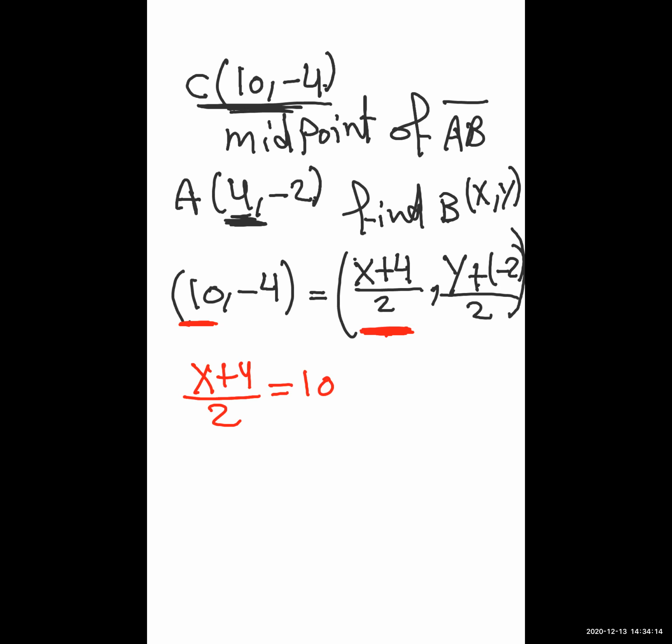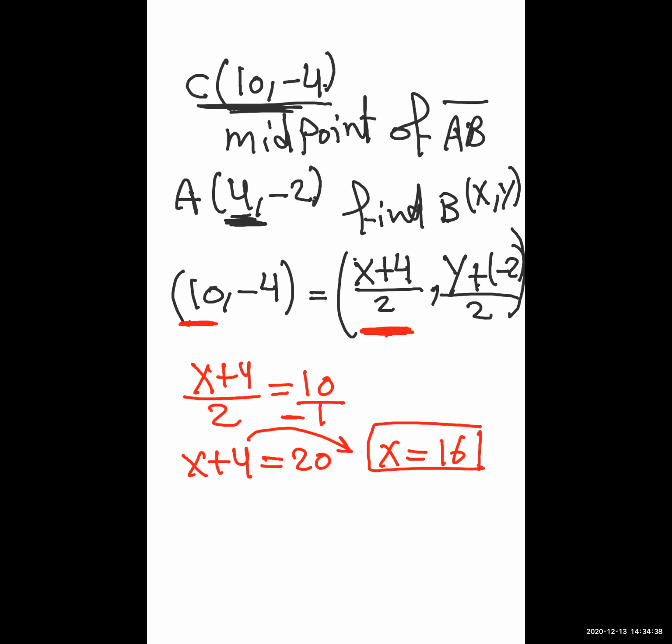This 10, of course, is a whole number, so this means it's over 1. So x plus 4 will equal 20. So simply, guys, x will equal 20, then shift this number to the other side. Of course, with different sign, it's positive 4, so it will be negative. So 20 minus 4, so x will equal 16.